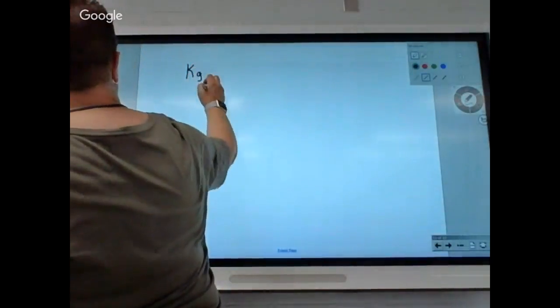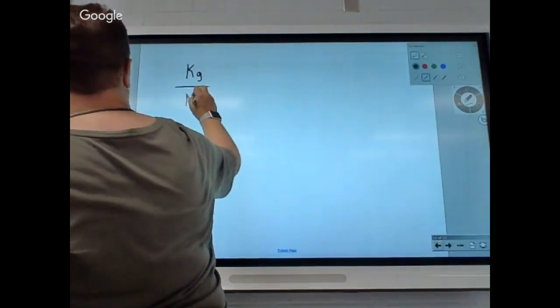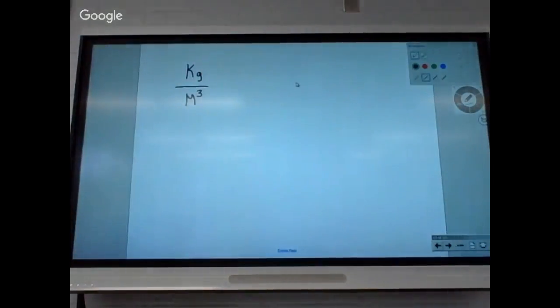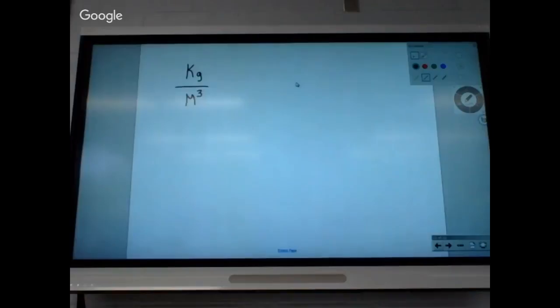I want the answer in kilograms per meter cubed. So I'm asking for 2 things in this question. I'm asking A, do you know the SI units? And B, can you convert them? And really C, can you then find density in the right SI units? Okay? So I'm getting more bang for my buck in one question.